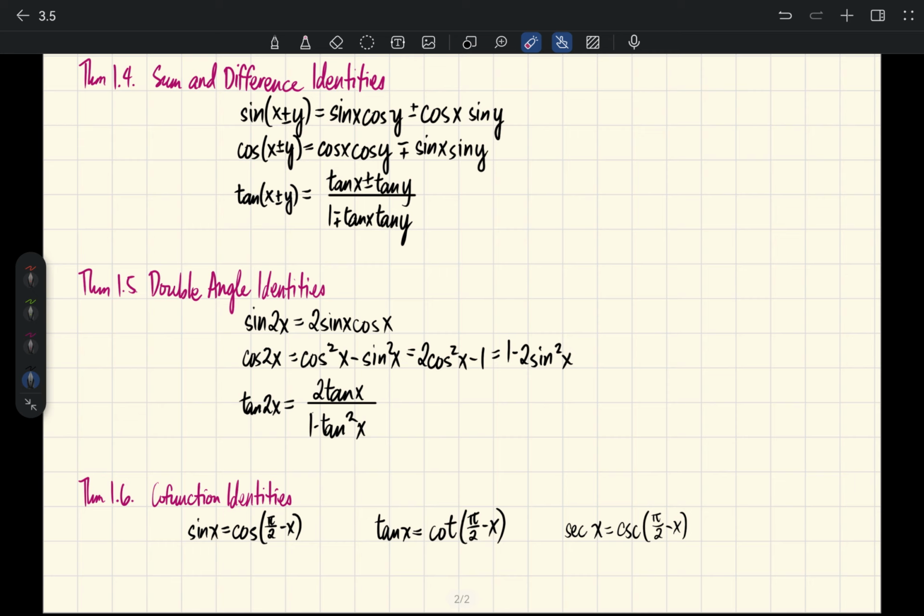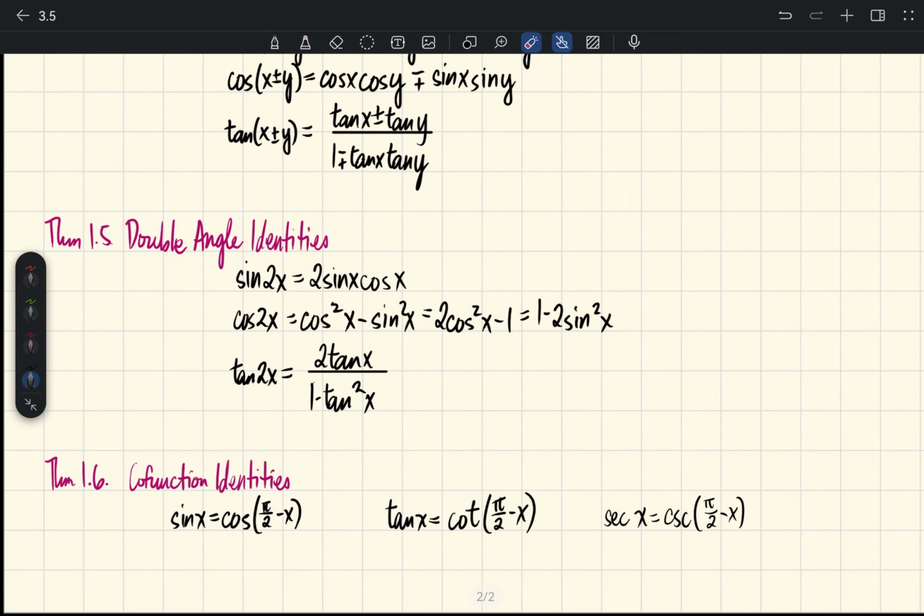And finally, the last set of identities that we will discuss here is your cofunction identities. So basically, what's a cofunction?